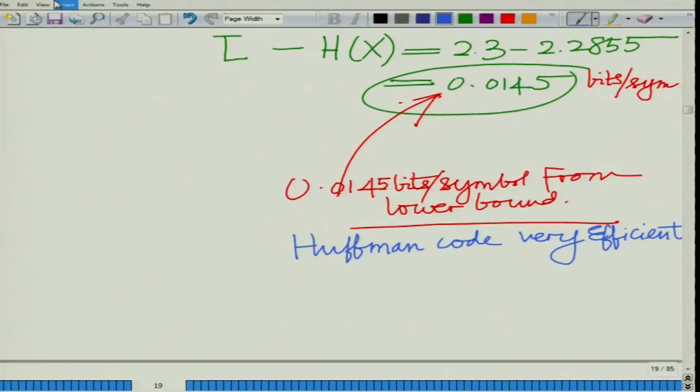By employing the scheme for constructing the Huffman code over larger and larger block lengths, one can achieve an average code length which is arbitrarily close, in the sense that it is as close to this lower bound, that is entropy, as desired.